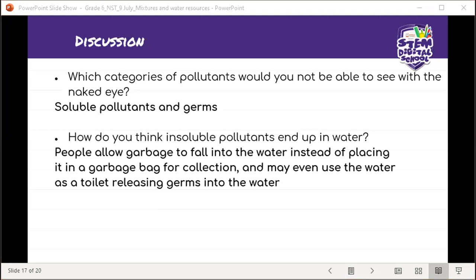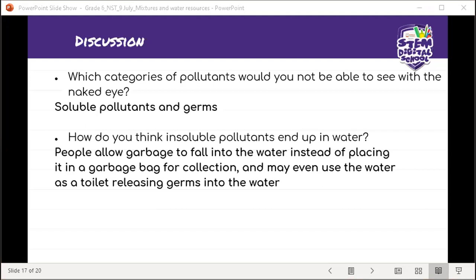Yes, Ijiro. Most people don't actually throw it in the water. If they're at the beach or by the river, they throw it close to the river without noticing. Then the river carries the garbage into the water, and it starts to kill animals.